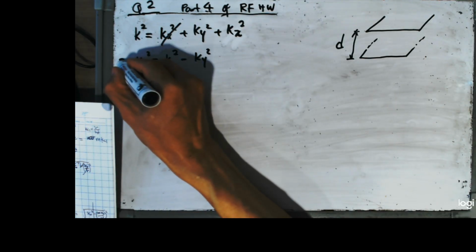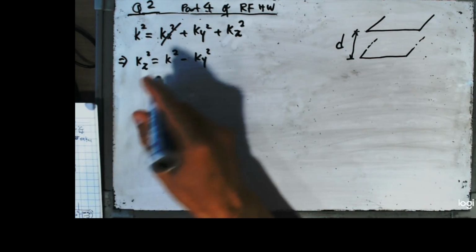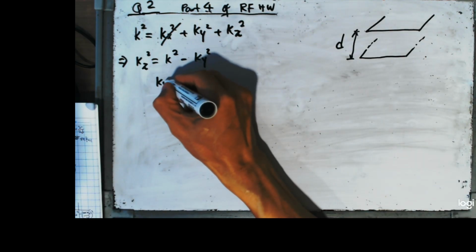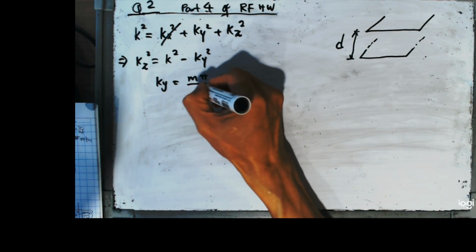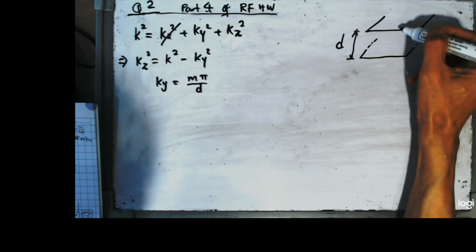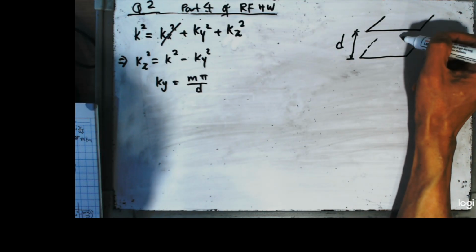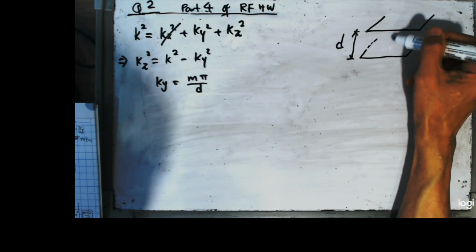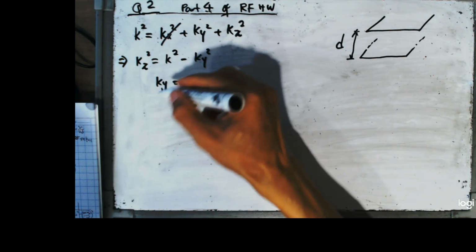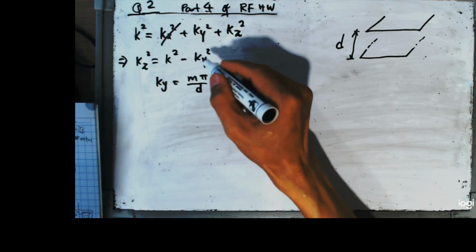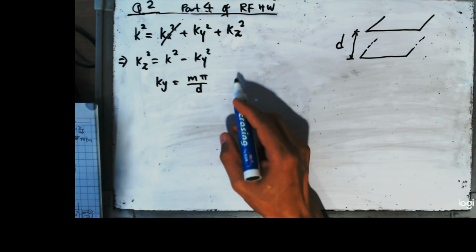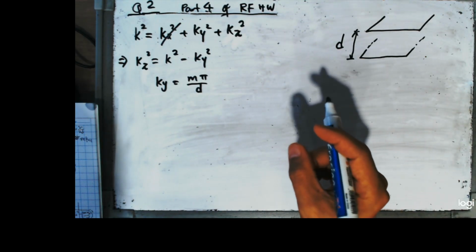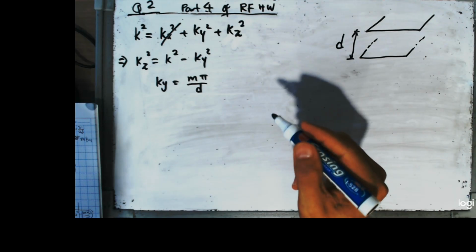So in this case, ky is equal to m pi over d, assuming that m is the number of poles. If you are familiar with rectangular waveguide, this is exactly what we have done in rectangular waveguide.